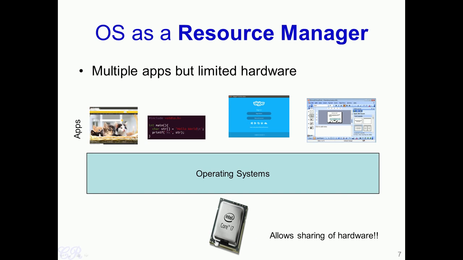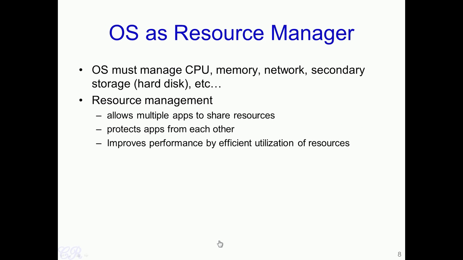Now, within this computer hardware, there are several components which the operating system manages. For example, the CPU, the memory, network, the secondary storage devices like the hard disk, the monitors, and so on. All these components within your computer have a restricted amount. So, you may typically have around 2 or 4 or 8 CPUs present in your system.